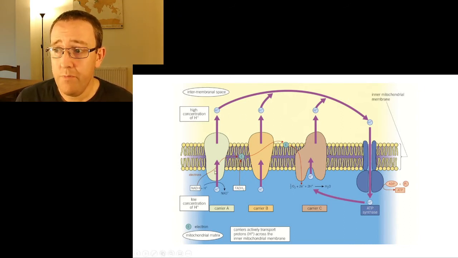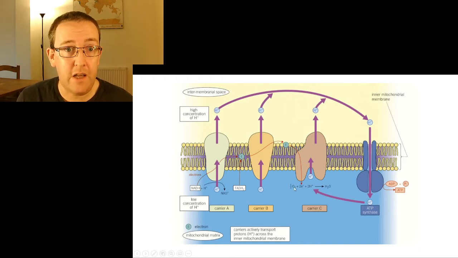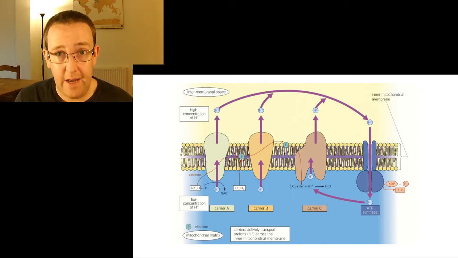So this electron picks up some energy from its NADH and then from its FADH and gets passed down through these protein carriers, and effectively that is all the pumping that's going to build that proton gradient. When it gets to this last protein here, it's combined with oxygen, which, if you've been paying attention, is the only ingredient in the GCSE respiration equation that we haven't yet talked about.